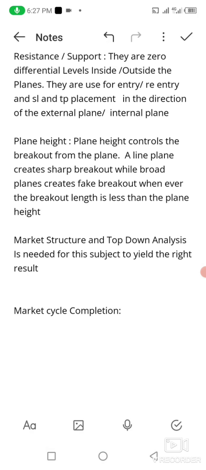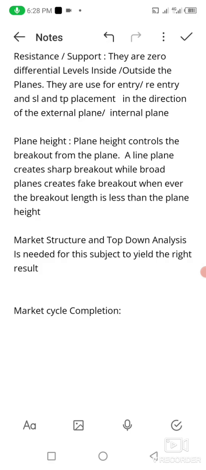We talk about market structure and top-down analysis. Market structure and top-down analysis are needed for this subject to yield results. You really need to run your top-down analysis, and you really need to understand market structure. So in simple terms, what is market structure? This is critical.